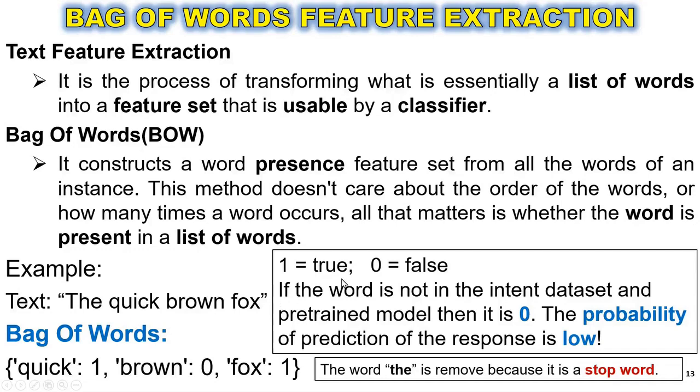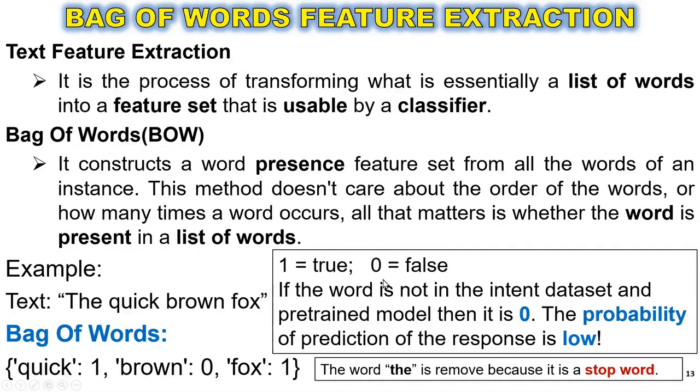1 indicates that it is true. 0 indicates that it is false. If that word cannot be found in the data set or in the pre-trained model, it will be assigned a 0.